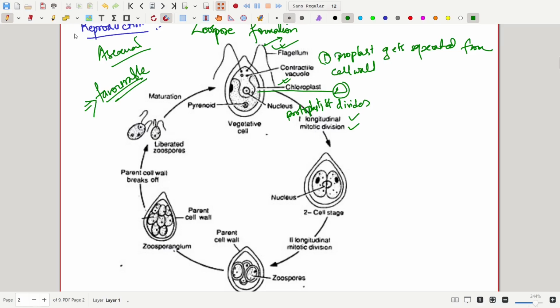And that two daughter cells, these are two cell stages, then again there will be a division at right angle to the previous longitudinal division that produces four daughter cells eventually.